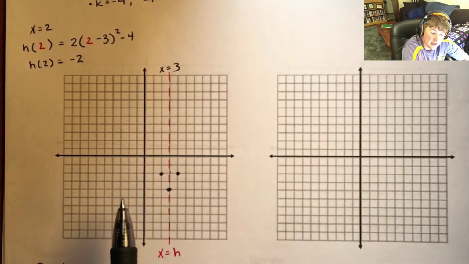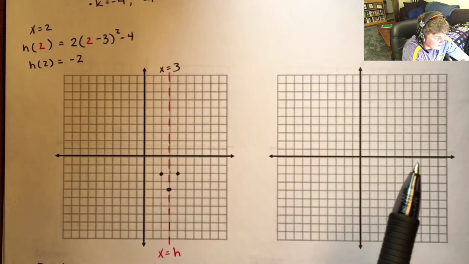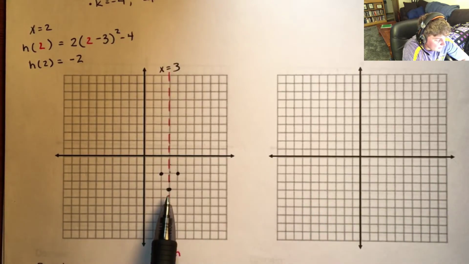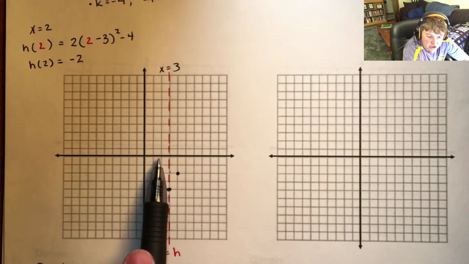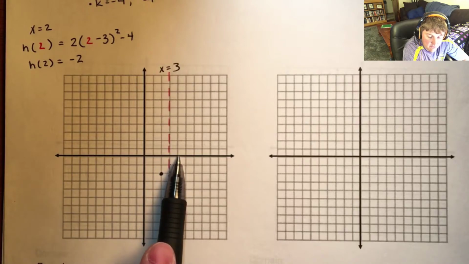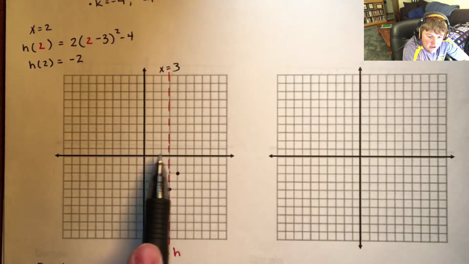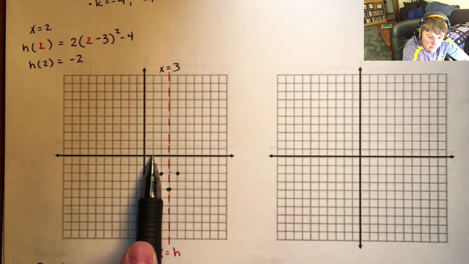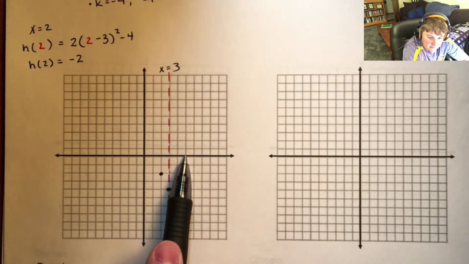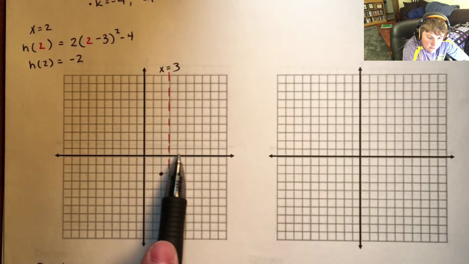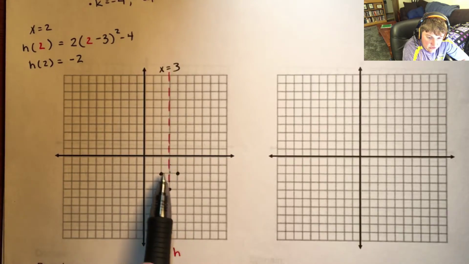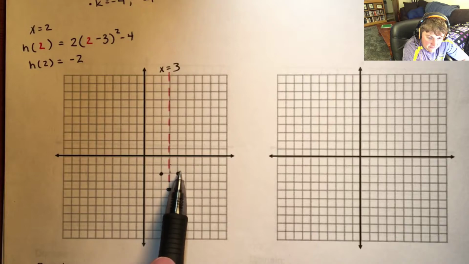Okay, so you want to think again about these ordered pairs, specifically the x values. I already have a y value for x is 2, and I also already have a y value for x is 4. So for the next one I can pick 1 or I can pick 5, because I've already used 2, 3, and 4.